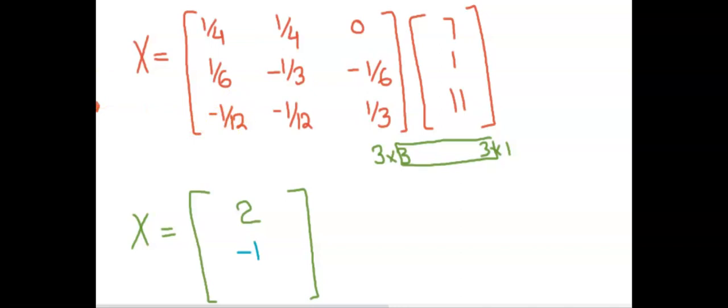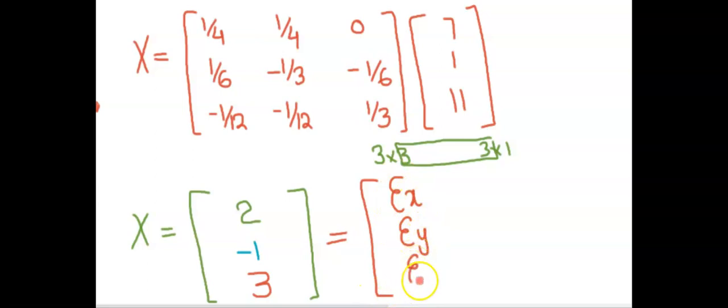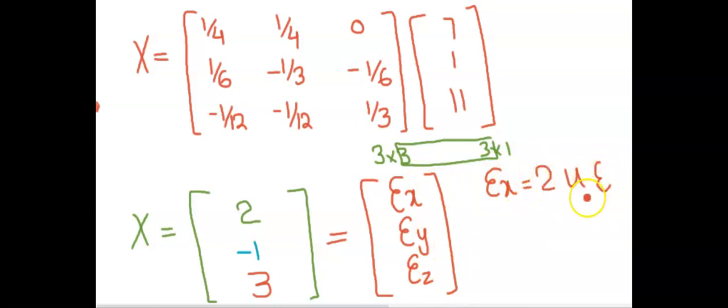And then we do this times that plus this times that plus this times that, and another answer. And these are your values for the strain. So strain in X is 2 micro, let's say micro strain. Strain in Y is -1, and strain in Z is 3.